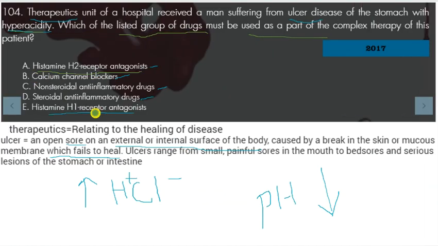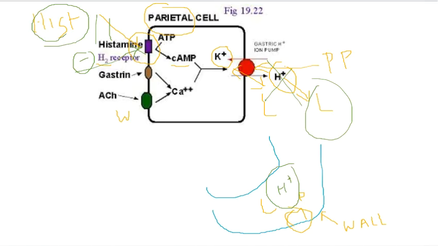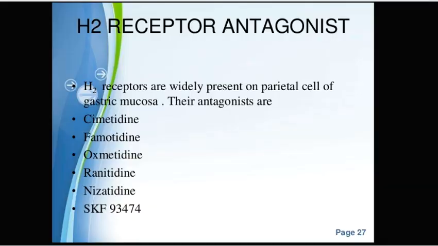The second option is calcium channel blockers. First we need to understand what calcium channel is and what is the function of calcium channel. Before we go to calcium channel, we have some examples of H2 receptor blockers.